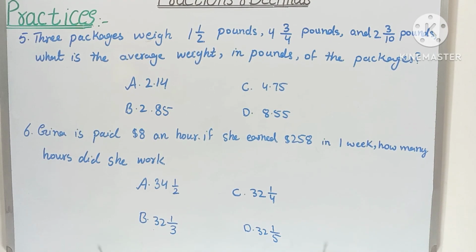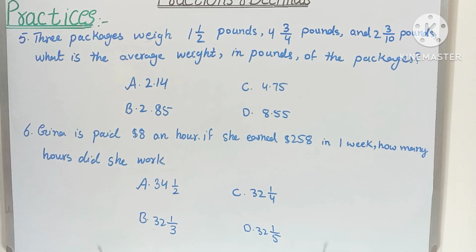Question number 5. 3 packages weigh 1 1/2 pounds, 4 3/4 pounds and 2 3/10 pounds. What is the average weight in pounds of the packages? Now the question demands the average weight in pounds. Firstly, we will convert these mixed numbers into improper fractions.